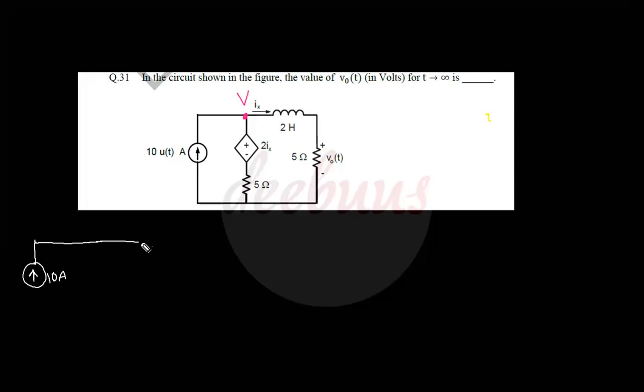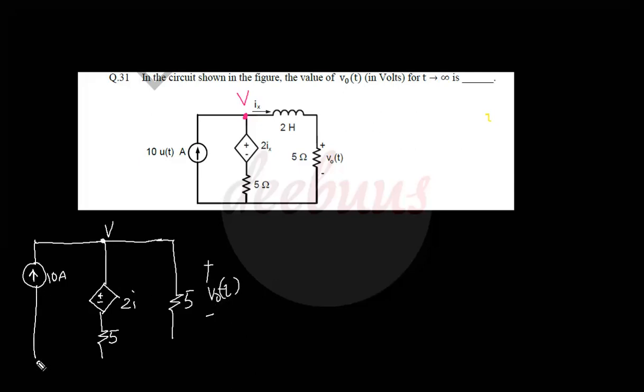Next, inductor is shorted, node is here. I am marking node voltage as V. Dependent voltage source of 2Ix is here. Next, a resistor of 5 ohm. Now inductor is shorted and a resistor of 5 ohm. Voltage across the resistor is V0(t) and we have to evaluate V0(t) and we can complete the circuit, right?